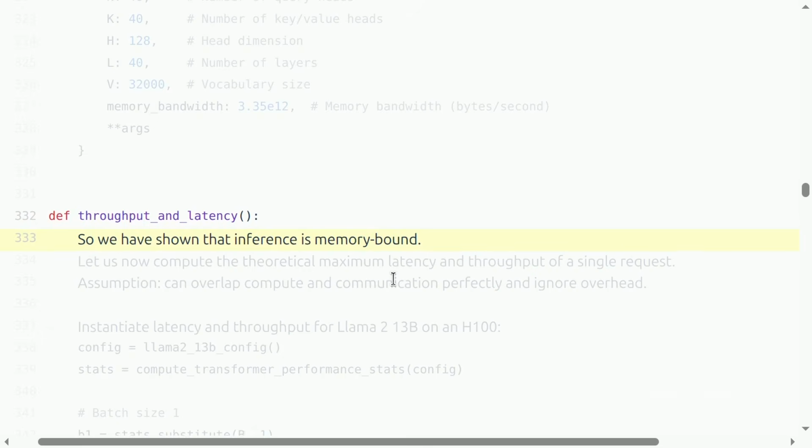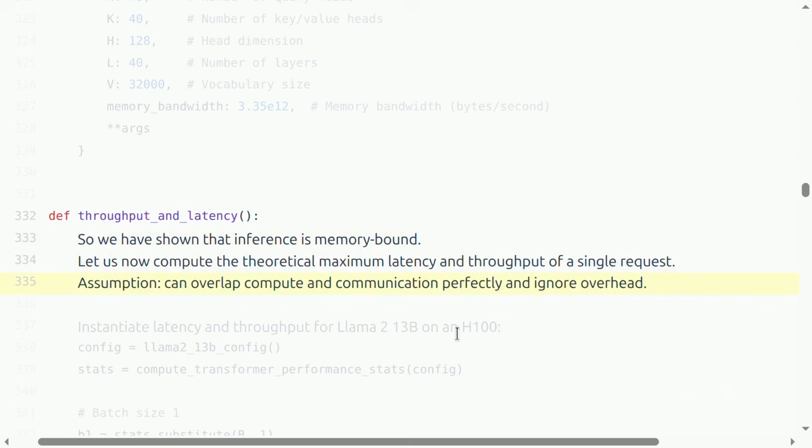Assuming you overlap communication and computation, the bottleneck is going to be just the amount of memory that you have to deal with. In some ways it's nice because it's simple, but in other ways it's frustrating that your accelerators are sitting there not doing anything.